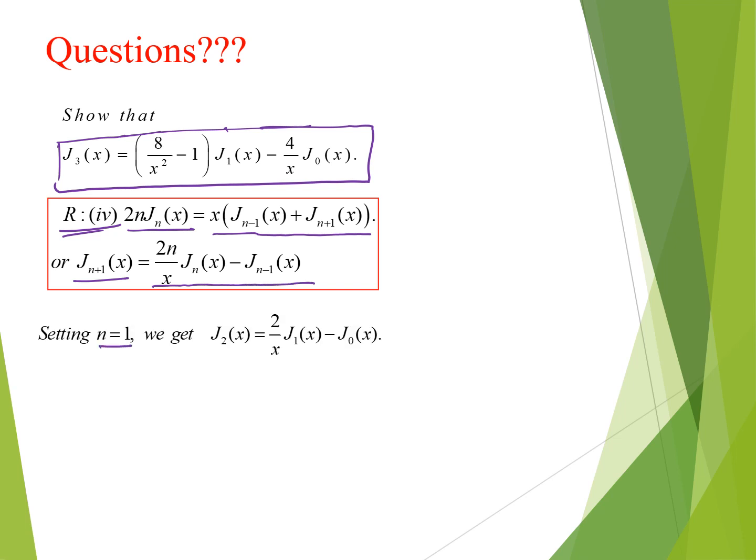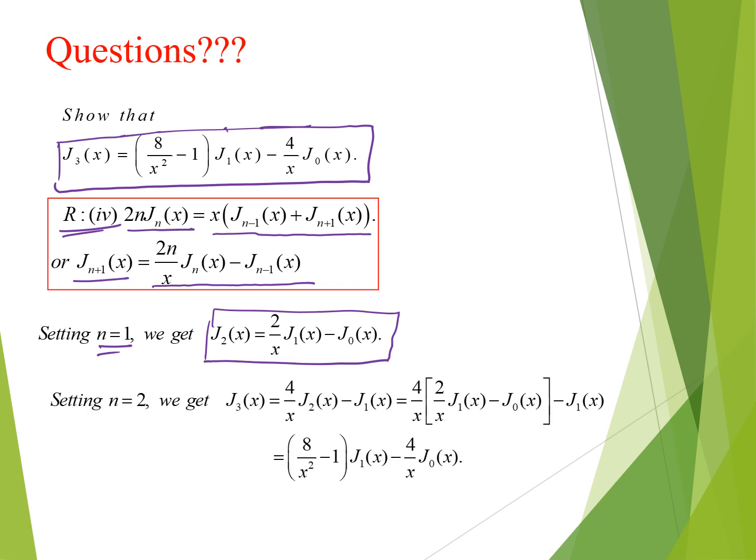Now n is equal to 1, we get J2 is equal to 2 by x J1 minus J0. Similarly, when n is equal to 2, we get J3, and calculating it we get the solution.